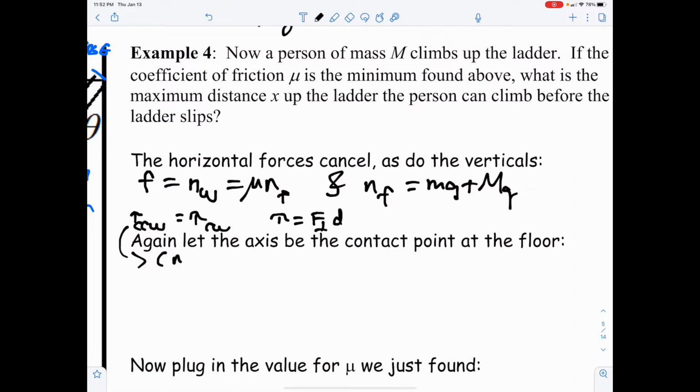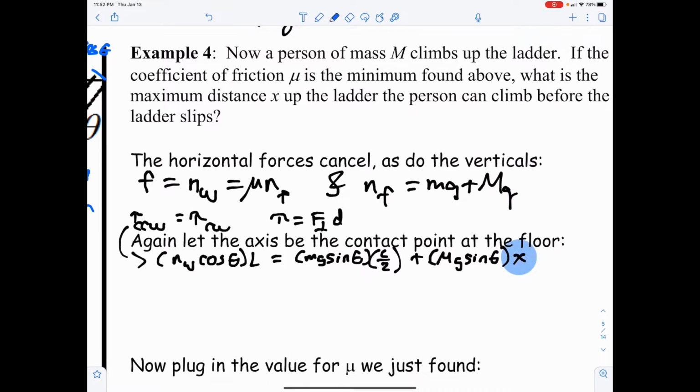So the force is the normal force of the wall, cosine theta, times L. That is the counterclockwise torque. The clockwise torque, there are two of them. It's the weight of the ladder, little mg sine theta, times the distance L over 2 from the halfway point, plus big Mg sine theta. But that's going to be distance x. That's what you're looking for. That's the unknown in the problem. We're looking for x.